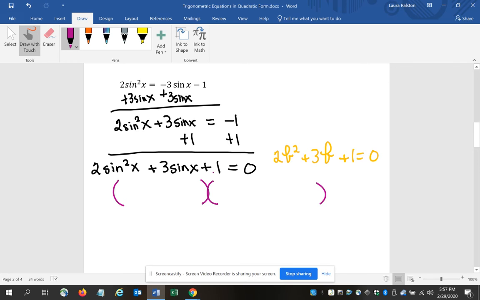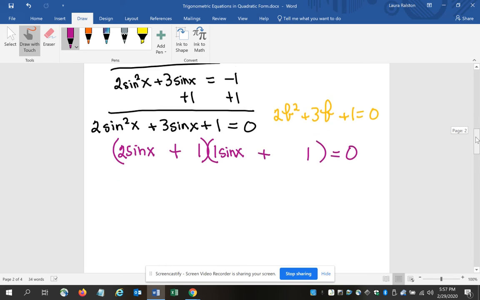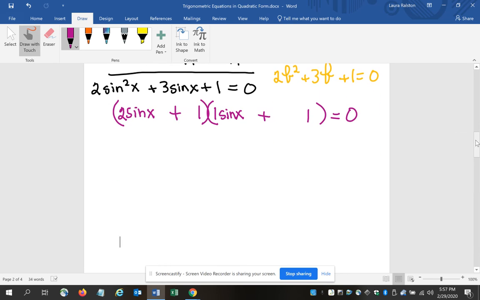I know that the only pair of numbers that multiply to 1 are 1 and 1. And for 2, it would be a 2 and a 1. So I have 2 sine x plus 1 sine x. And I want to add those together to get a +3. So both pieces are +1, and that's equal to 0.